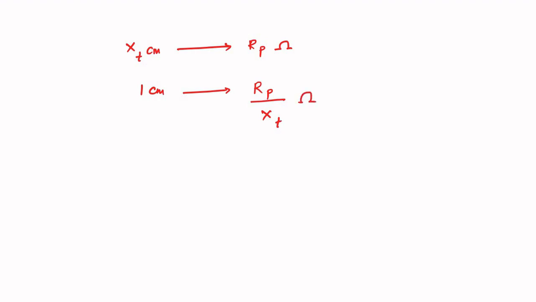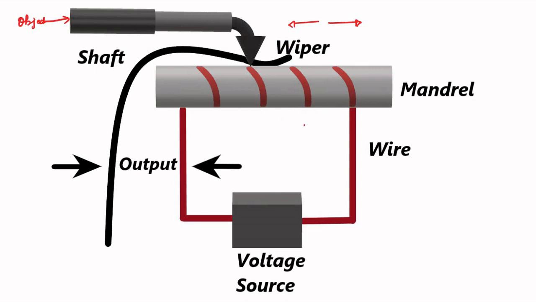And whenever we measure a specific position from one side to the other, let's say we have 0 on this side and xt on the other, and this much position from here to here is xi.